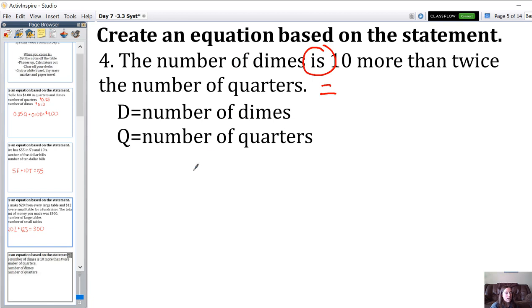So here, the number of dimes, D, equals 10 more. So I need something plus 10. 10 more than something. 10 more than twice the number of quarters. So I need 2 times the number of quarters. So we're just converting words into equations. This can be read as the number of dimes is 10 more than twice the number of quarters.